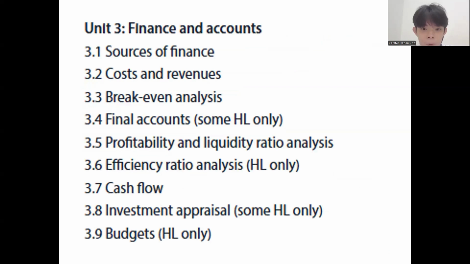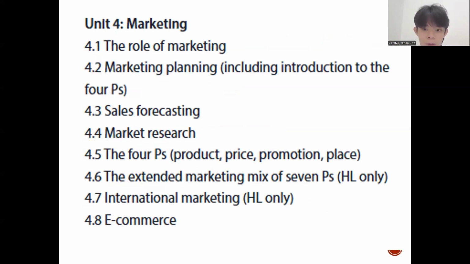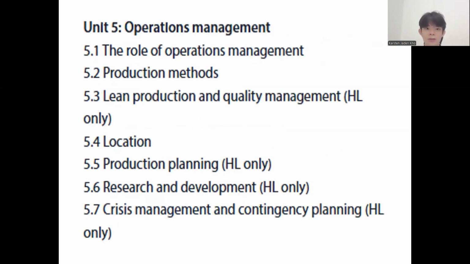Unit 3 with 3.4, 3.6, 3.8, and 3.9 as the HL topics. And Unit 4 with 4.6 and 4.7 as the HL topics. And lastly, Unit 5 with 5.3, 5.5, 5.6, and 5.7 as the HL topics.